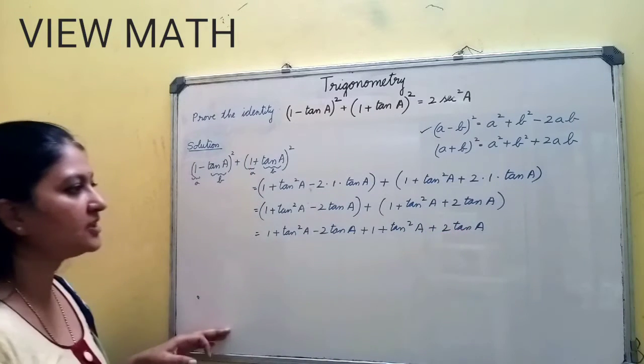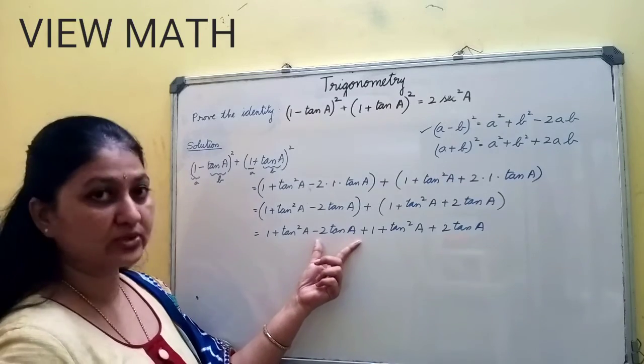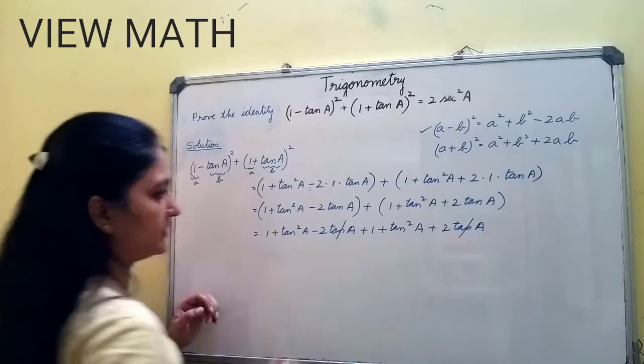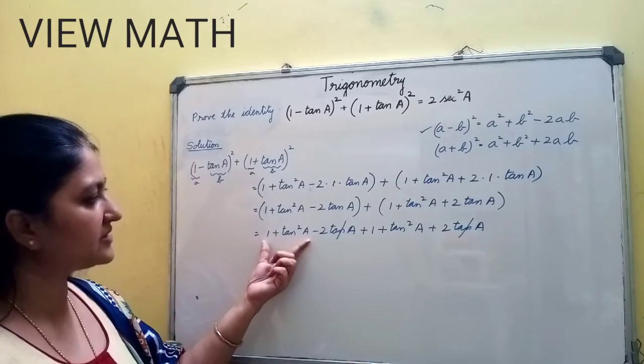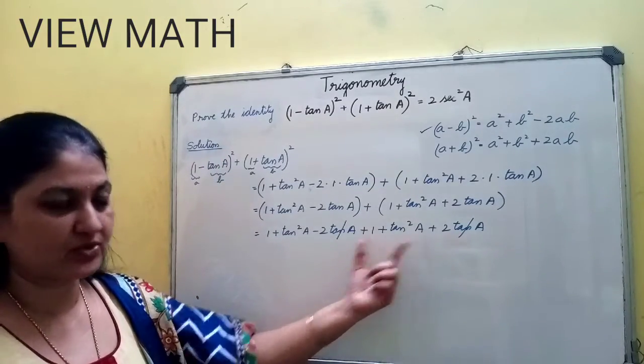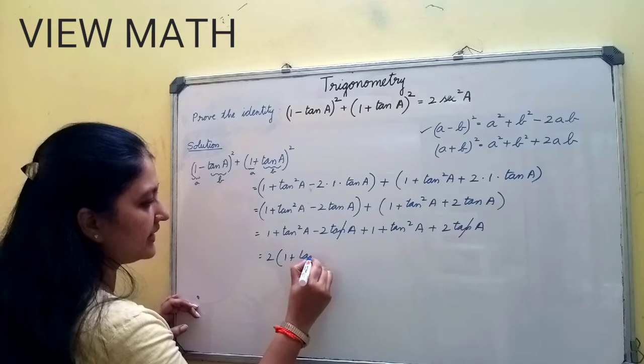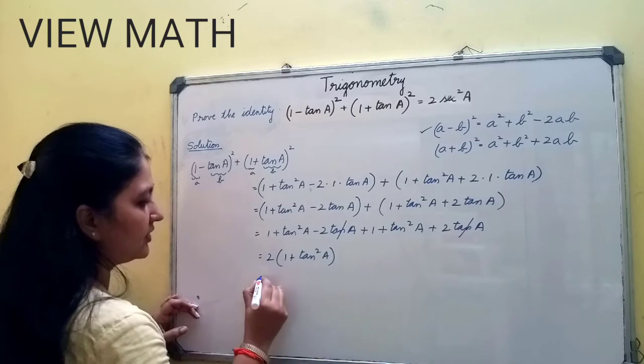Okay. Now you can see here minus 2 tan A is there. Here plus 2 tan A. So I am going to cancel this. Okay. Now you can see plus 1 plus tan square A. Again 1 plus tan square A. So let me write this one as 2 into 1 plus tan square A. Okay.